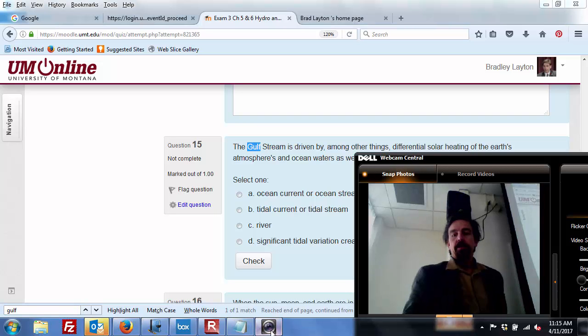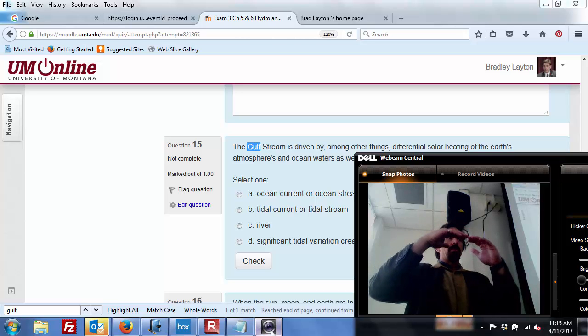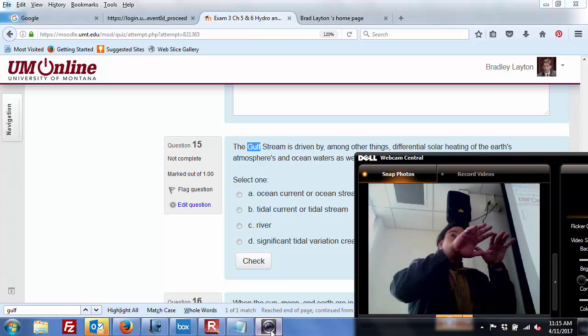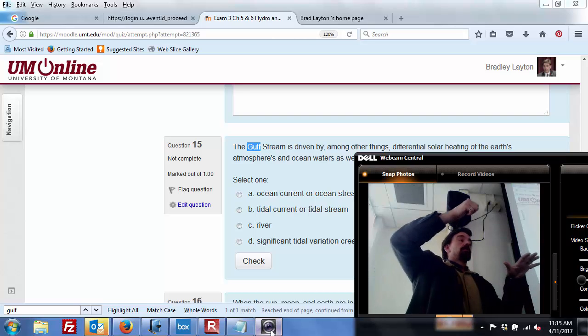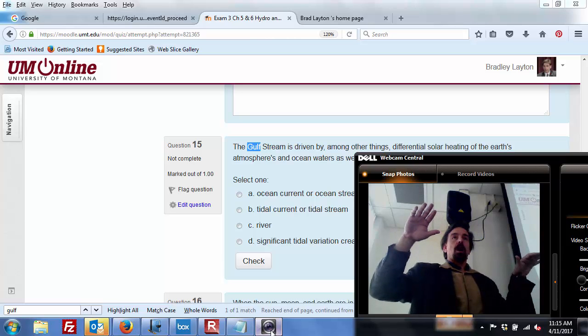The way I understand it, if you're at the equator and you've got a lot of heat coming in, that warm water is going to form kind of like a mushroom cloud, growing out along the top. As water evaporates, the salts are left behind, so that water gets hotter, saltier.